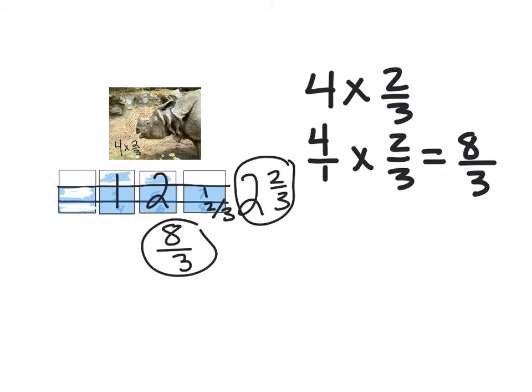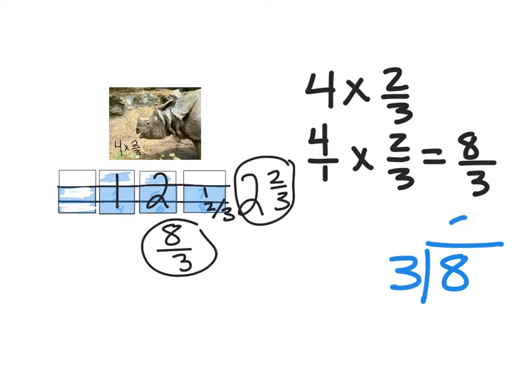And as you see, this 8 thirds agrees with our original answer of 8 thirds down here for our mathematical model, and that is always beautiful. And then, since this is a top-heavy or improper fraction, it means that all we have to do really is divide this, right? So we're going to go 8 divided by 3.